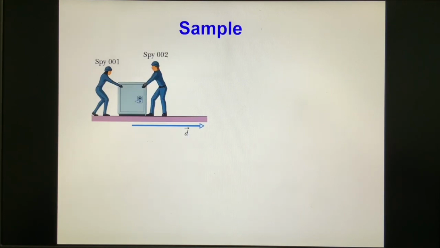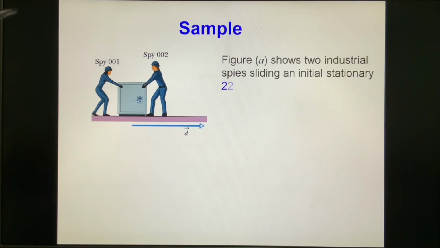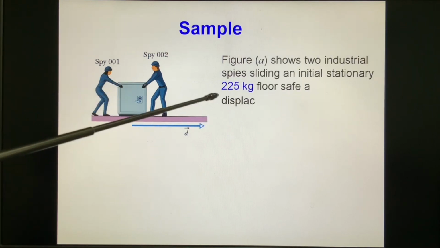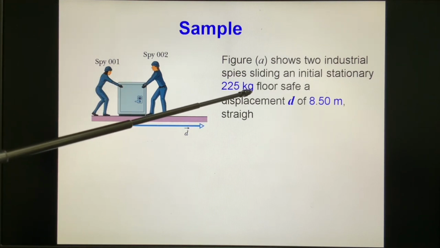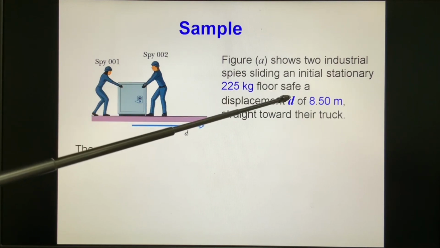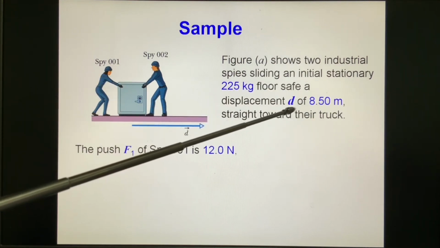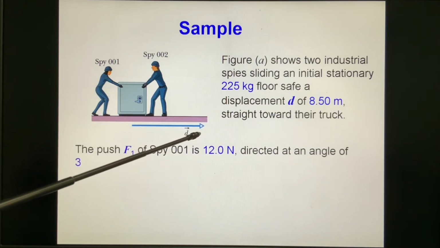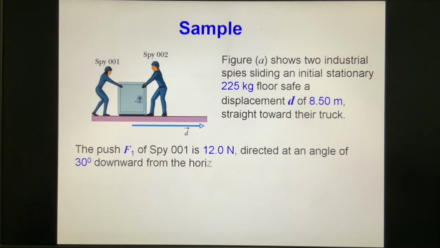Sample. Figure A shows two industrial spies sliding an initially stationary 225 kilogram floor safe a displacement d of 8.50 meters straight toward their truck.